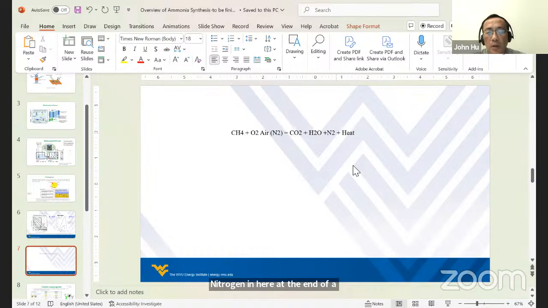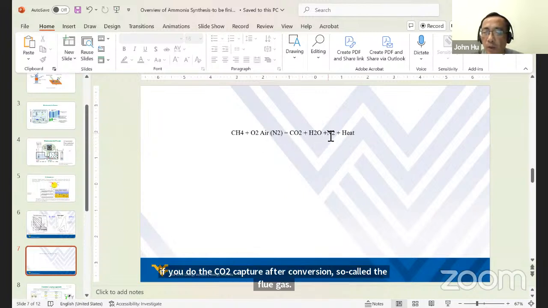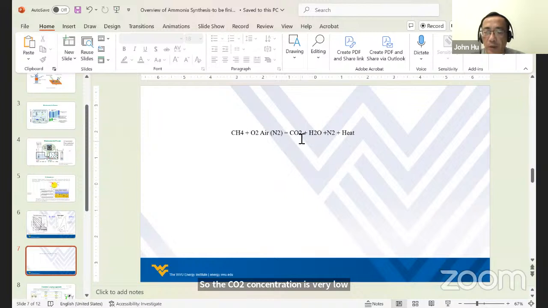If you do CO2 capture after combustion, from the so-called flue gas, the CO2 concentration is very low because the majority is nitrogen. That means you have to capture CO2 and then concentrate CO2 to 100%. That's a lot of work. How would you produce CO2 without capture?